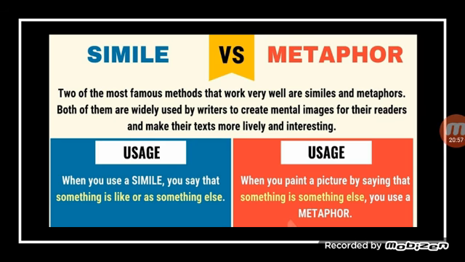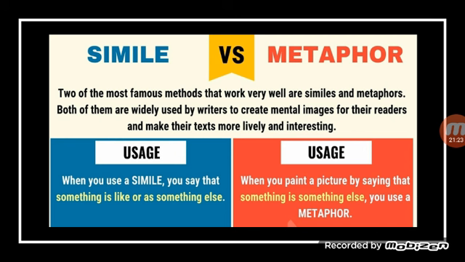Now here comes simile versus metaphor. Two of the most famous methods that work very well are similes and metaphors. They are the easiest poetic devices, but still there is some confusion among readers regarding simile and metaphor. Both of them are widely used by writers to create mental images for their readers and make their text more lively and interesting.